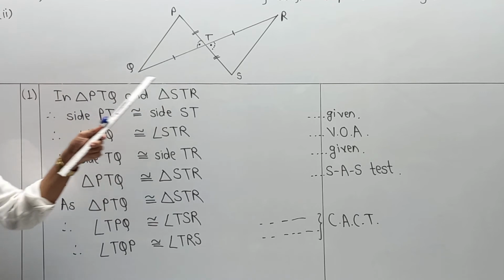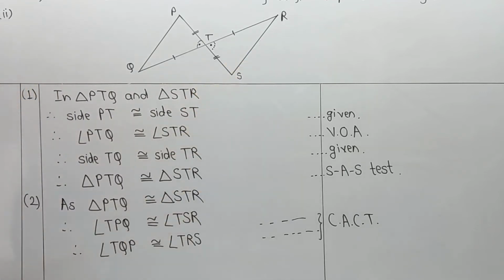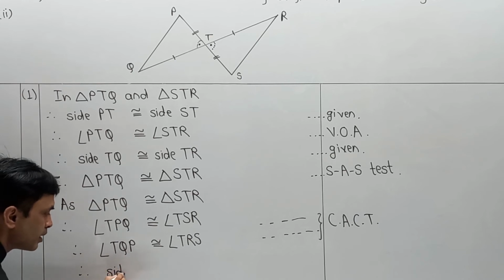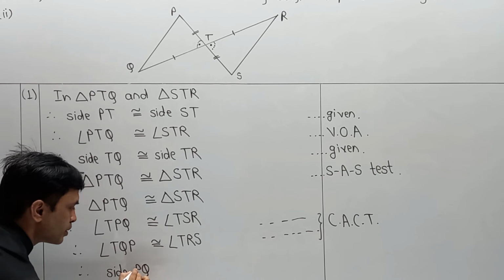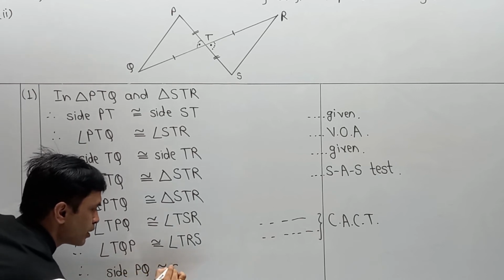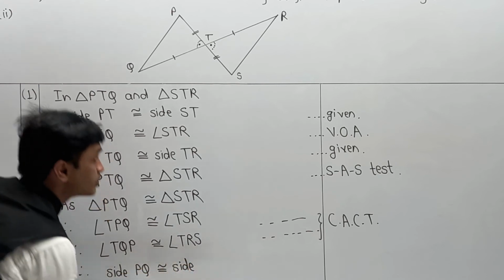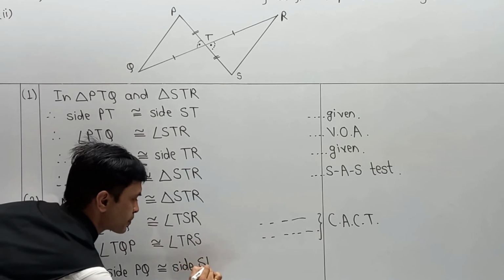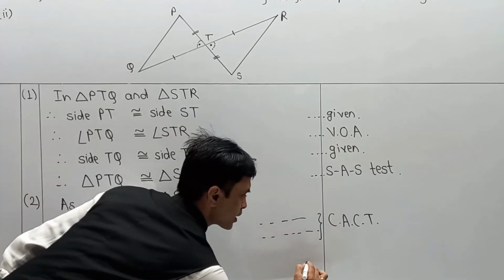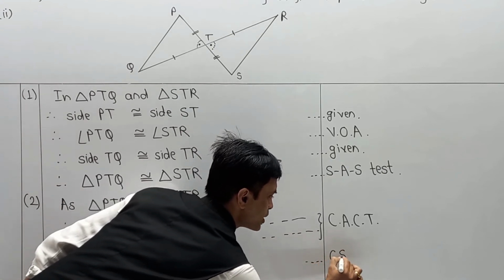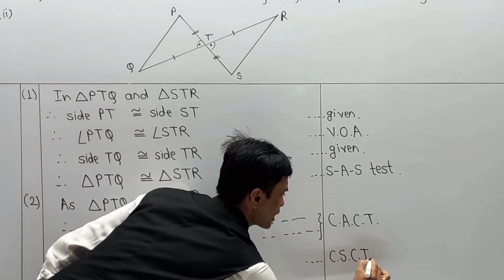Third, side PQ congruent to side SR. Therefore, side PQ is congruent to side SR. Now it is a side of congruent triangles, so in the reason we are going to write corresponding sides of congruent triangles.